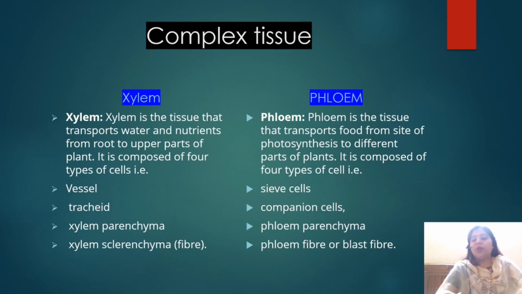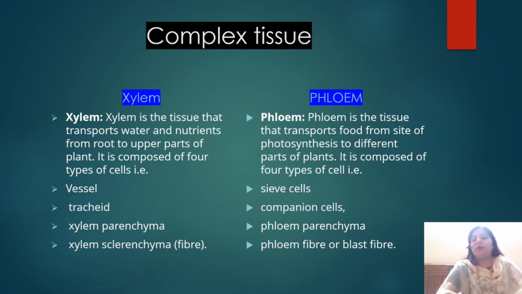Xylem and phloem both are made up of four types of cells. In xylem, the cells are vessels, tracheids, xylem parenchyma and xylem sclerenchyma. Out of these four types of cells, only xylem parenchyma is living. The rest, that is vessels, tracheids and xylem sclerenchyma, are dead cells.